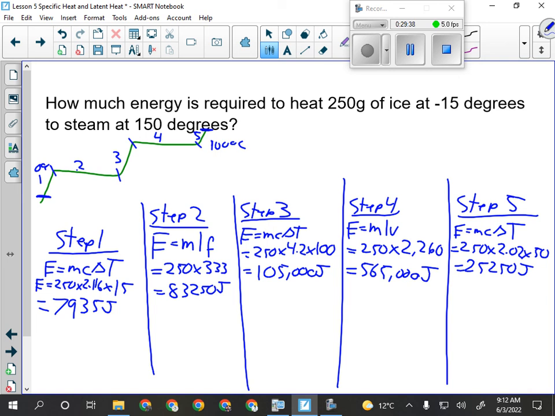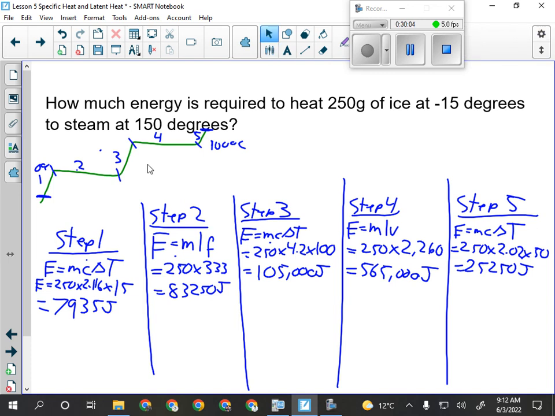Because I give you 2 marks, 2 marks, 2 marks, final answer, which we haven't done, 1 mark. None of these steps are terribly difficult. They don't involve you having to do any algebra or anything like that. You're just plugging numbers into your calculator. All right, so my last step is I need a total.